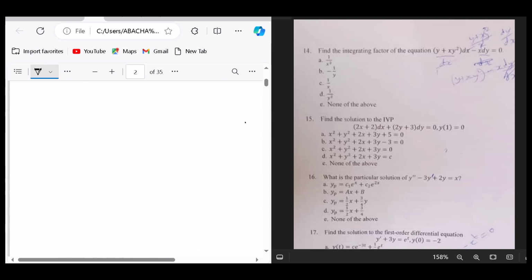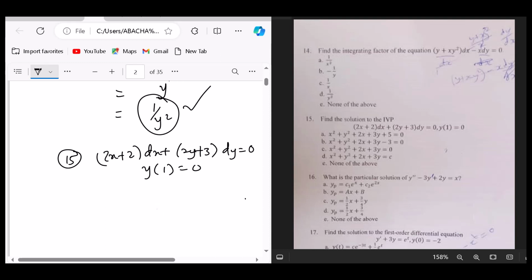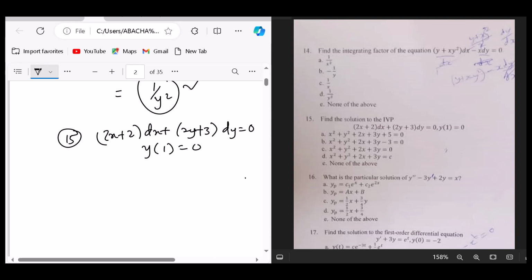Now let's go to 15. We have (2x plus 2) dx plus (2y plus 3) dy equals 0, and I have to find the solution. Let's check. M is equal to 2x plus 2.